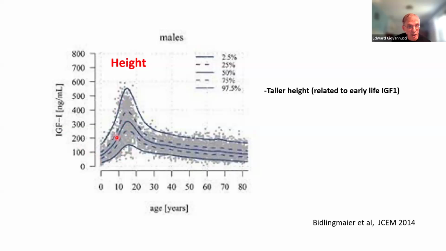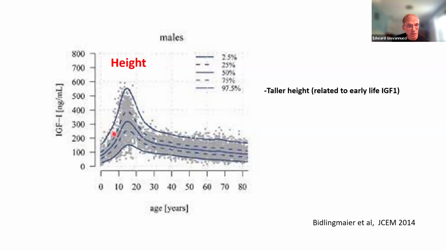What's interesting is that we have IGF-1 levels that you can measure throughout life. And even one measure in life does predict your risk of certain cancers like prostate, breast, and colorectal. So even a single measure at one point in life increases risk.